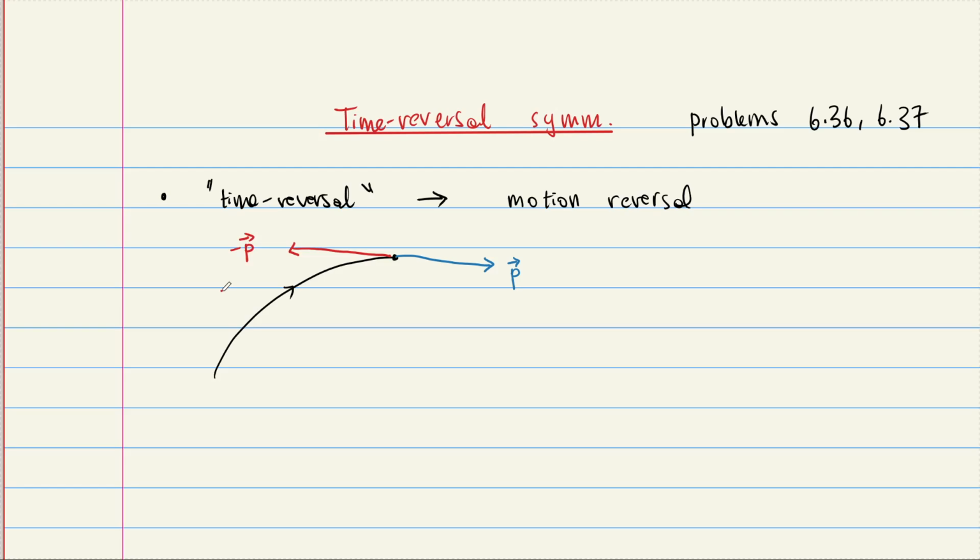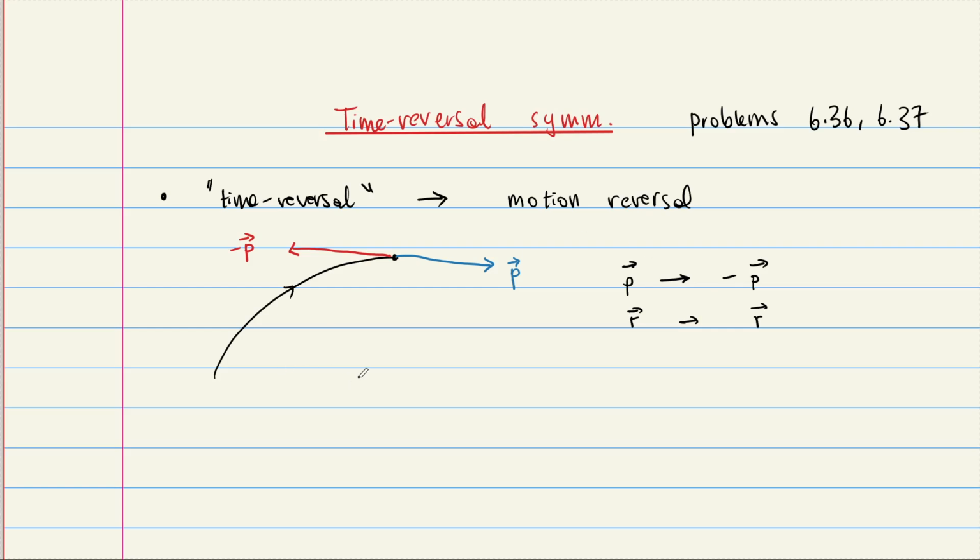That's why I want to call it more like a motion reversal. So we think about this as p going to minus p, and we still think of r to be r. That's what we mean, at least classically.